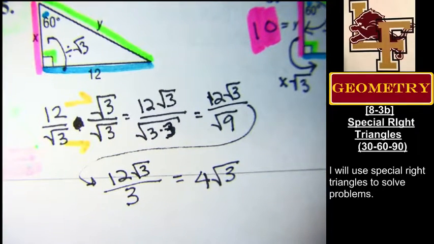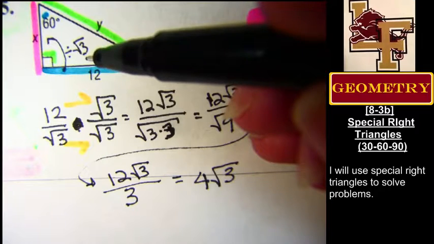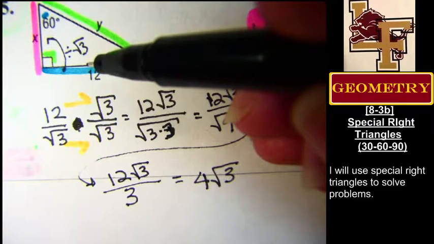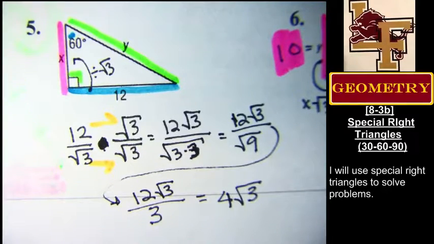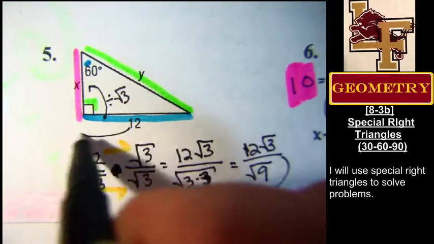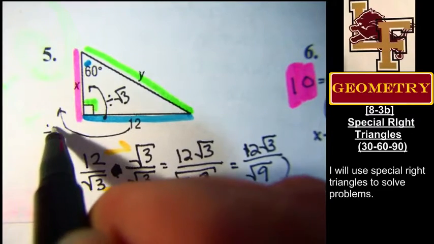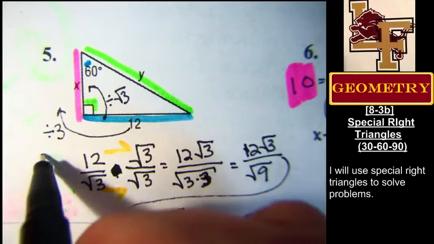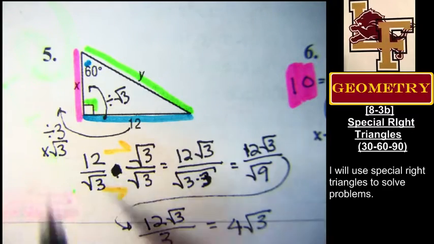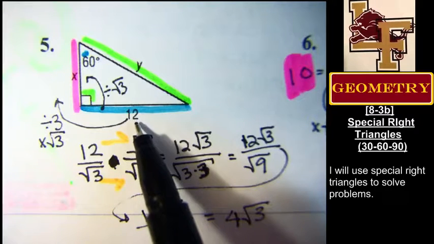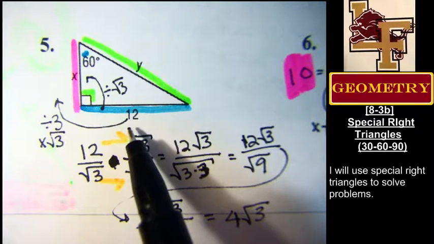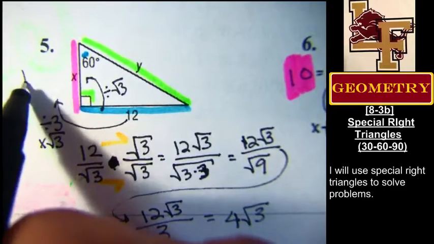Here's our super shortcut. Because this looks like a hot mess. Okay? Our super shortcut. Are you ready for the super shortcut? Super shortcut is divide by 3 and then multiply by square root 3. Super shortcut. Take this number, divide it by 3. 12 divided by 3 is? 4.